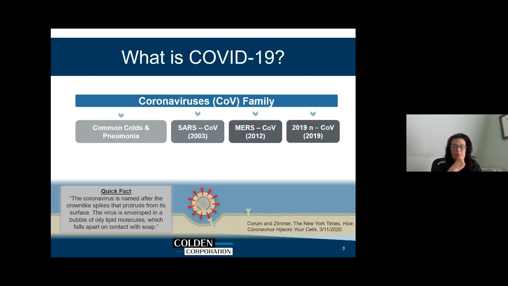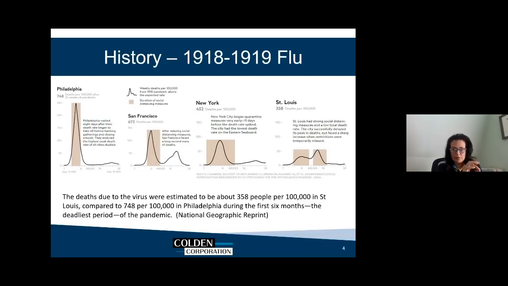Next slide. So I just want to start with a little bit of history. And I just want everyone to know we are not defenseless. We absolutely can have an influence on the time course of this virus, absolutely. And we know this for a number of reasons.